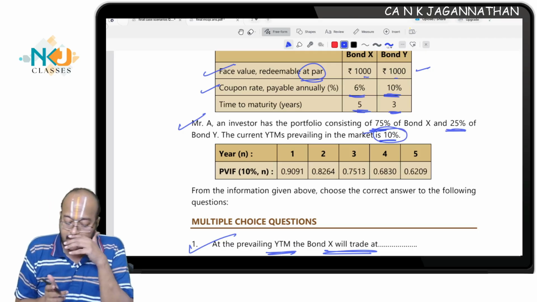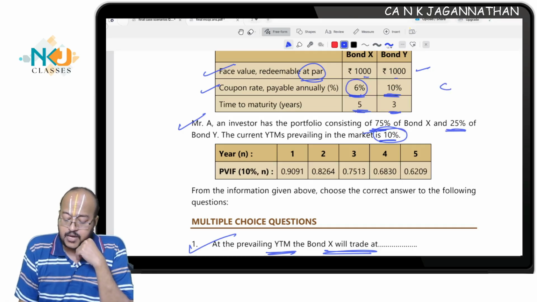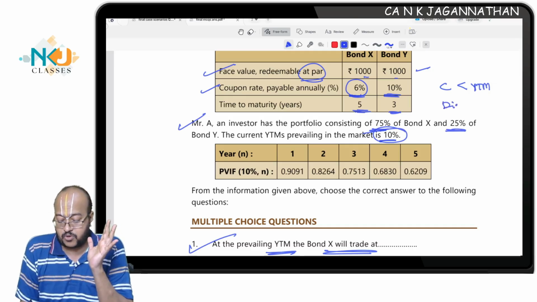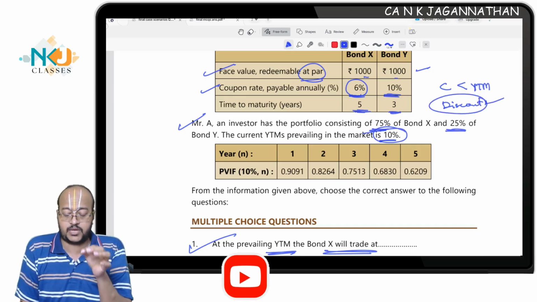Now, the point here is, if you notice, the coupon rate here is 6%. The coupon is less than YTM. If the coupon is less than YTM, or to put it simply, YTM is more than the coupon, the bond should be trading at a discount.